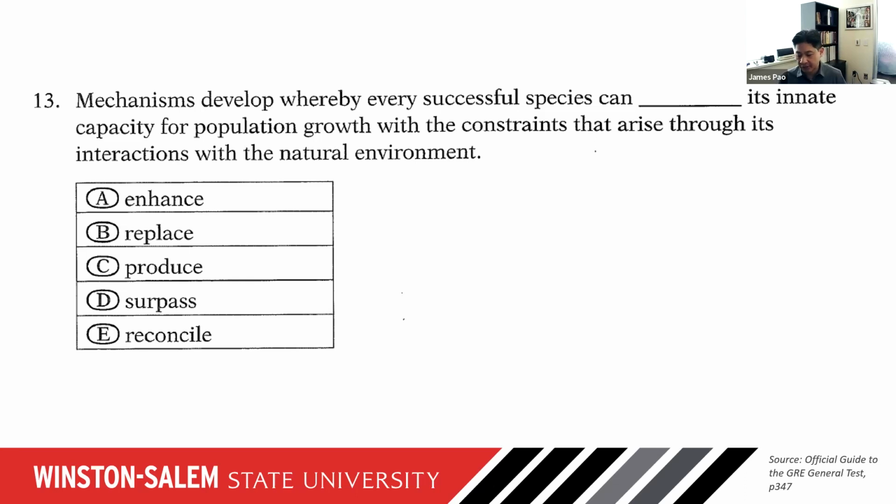Your options are, in case you're looking on a phone, I'm going to give you the 5 answer choices. A, enhance. B, replace. C, produce. D, surpass. E, reconcile. Go ahead and spend 30 seconds to make a choice and be ready to explain to me why.